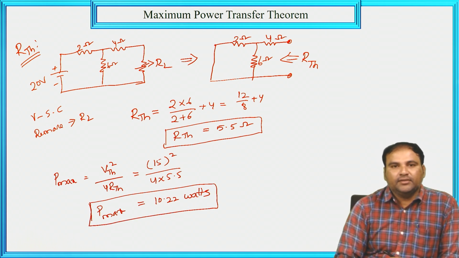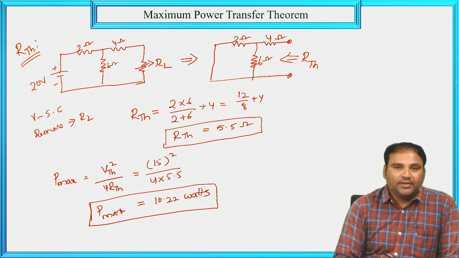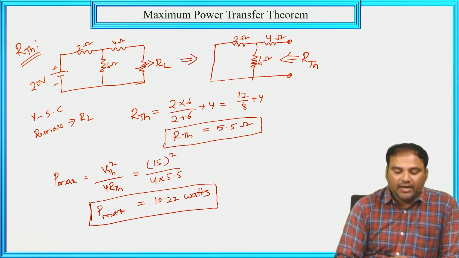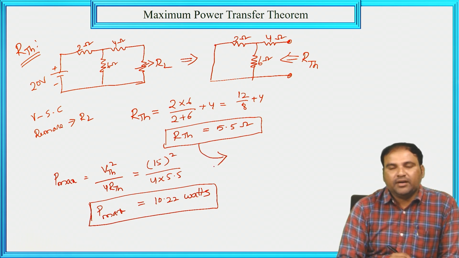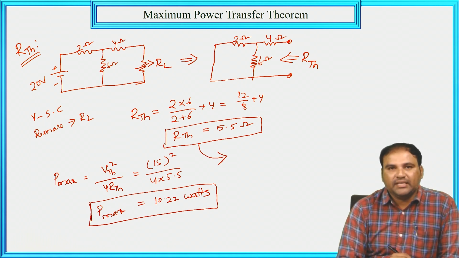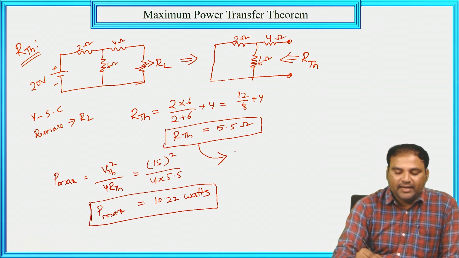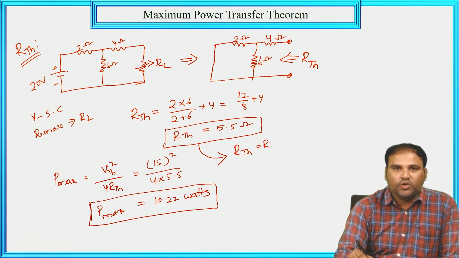So what about the RL value? The RL value is nothing but RTH only, because according to the statement of the maximum power transfer theorem, the maximum power is transferred from source to load when the internal resistance, or the Thevenin's resistance, is equal to the load resistor RL.